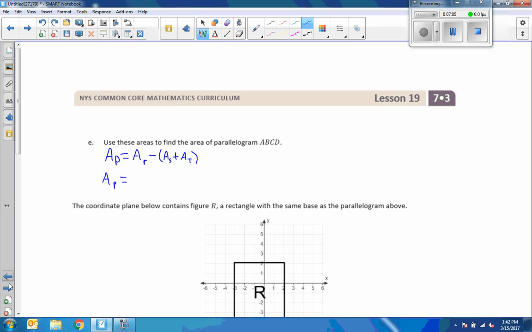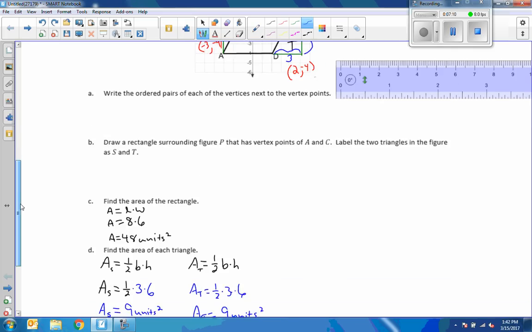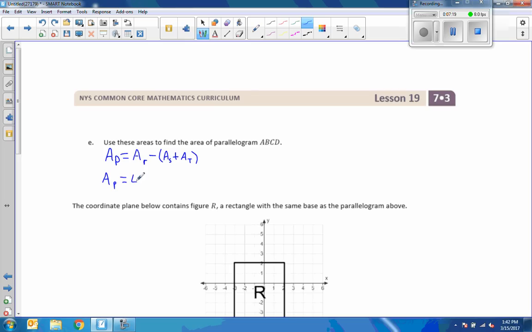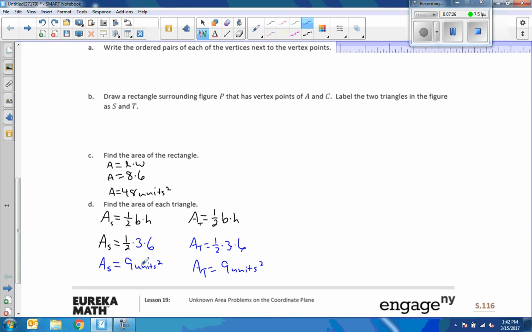The area of the rectangle was, I notice that they're going from page to page again here, the same question. The area of the rectangle was 48 units. So I'm going to put 48 minus, and then the area of each triangle was 9. They were each 9.